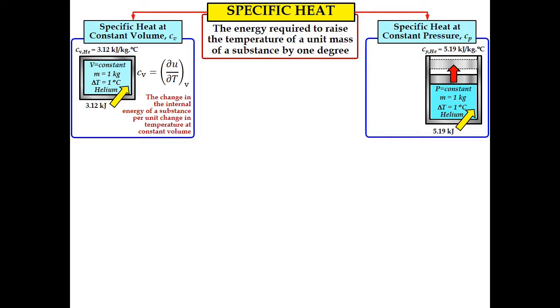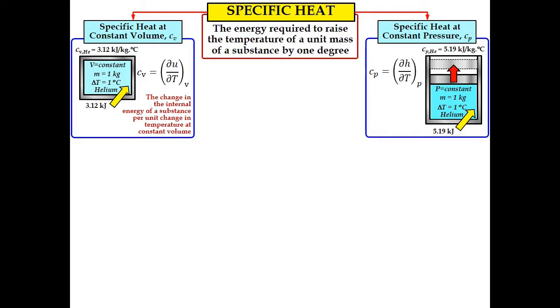So that's why the value of CP for helium is equal to 5.19 kilojoule per kg degree Celsius. So the value of CP represents the amount of energy at constant pressure needed to increase the temperature by 1 degree Celsius.